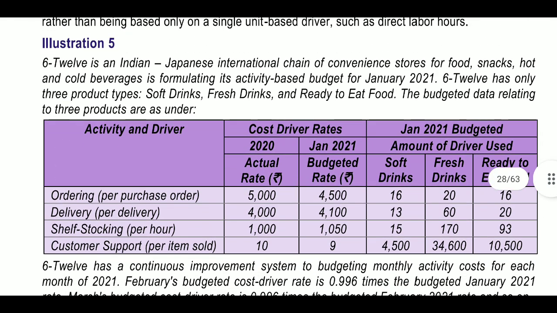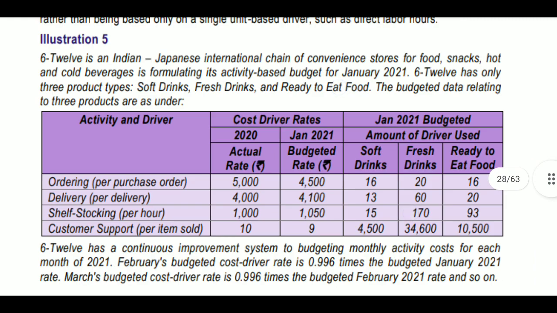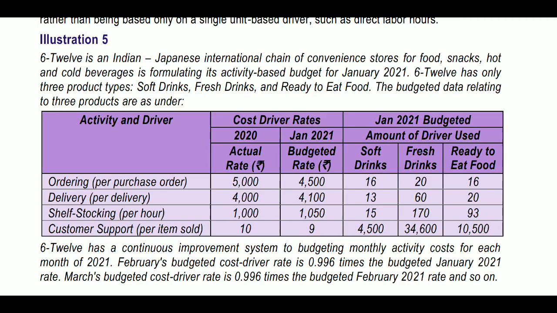And they provide illustration number 5. 612 is an Indian Japanese international chain of convenience stores for food, snacks, and hot and cold beverages.